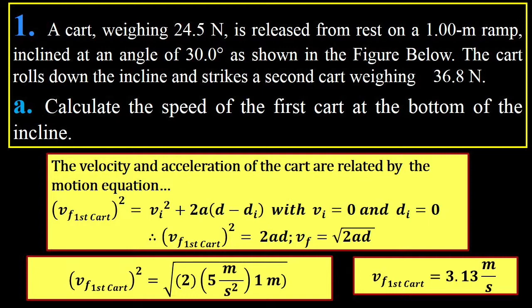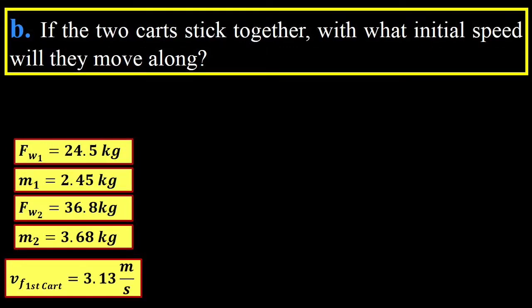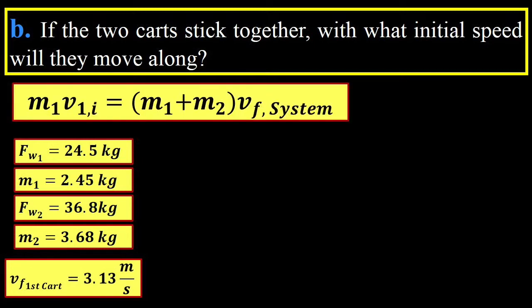So what momentum is the first cart going to have when it reaches the bottom? Well, there's the material that we've discussed that was either given or calculated. If the 2 carts stick together, with what initial speed will they move along? That's a little deceiving because it's actually going to be a final speed that you're going to calculate. You're going to calculate the VF for the system because 1 and 2 are going to stick together.